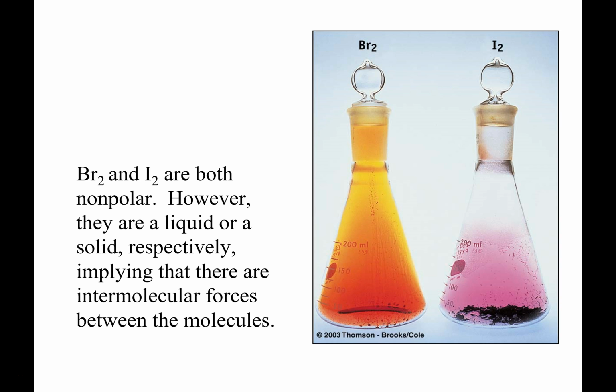Of those 7 elements, bromine and iodine are diatomic. So if you have a Br2 molecule and you calculate the electronegativity difference, they both have the same electronegativity, so delta chi is 0. No electronegativity difference makes it very nonpolar.